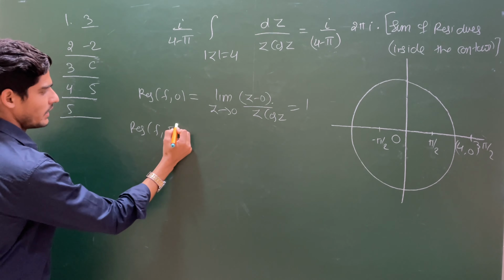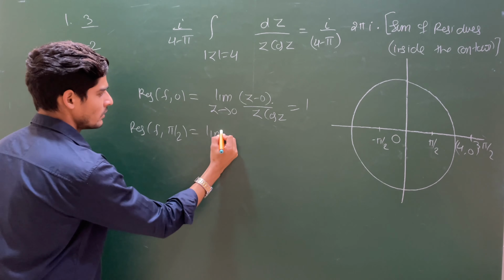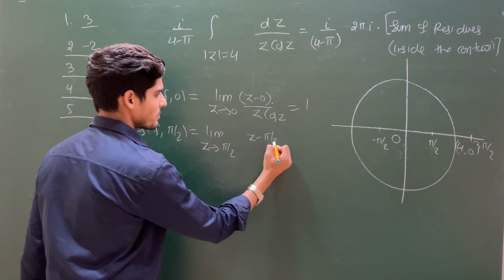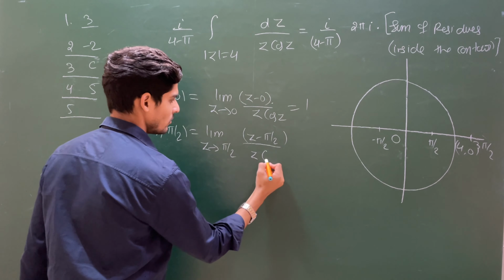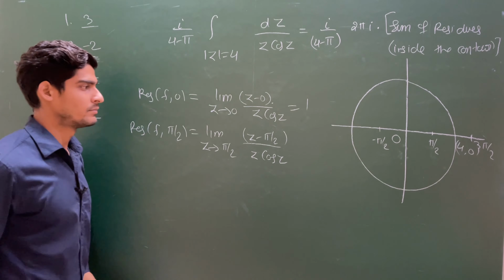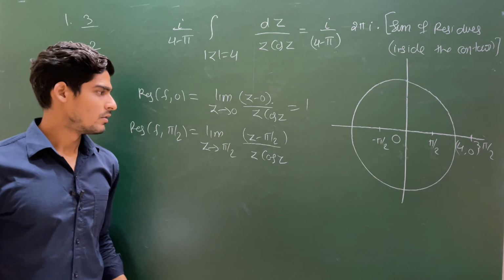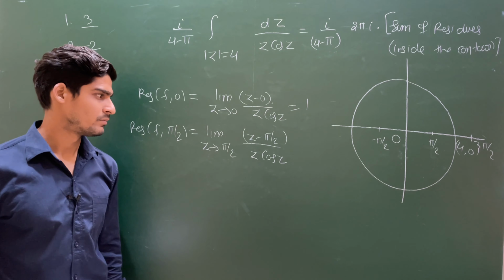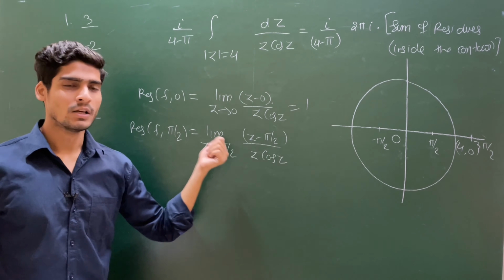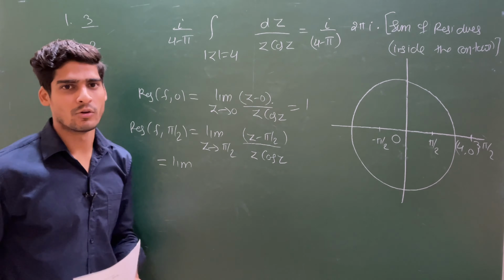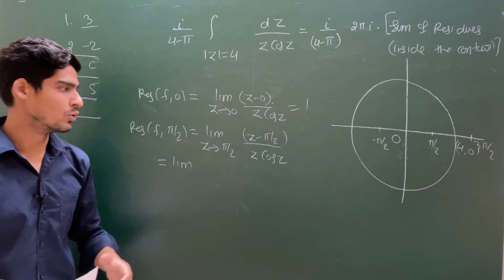Residue at point pi by 2: limit z tends to pi by 2, z minus pi by 2 over z cos z. If you choose the pi by 2 point, you have a 0 by 0 form, which is not defined, so you can use the L'Hopital rule. Some people call it the L'Hospital rule, but it is better to call it the L'Hopital rule.